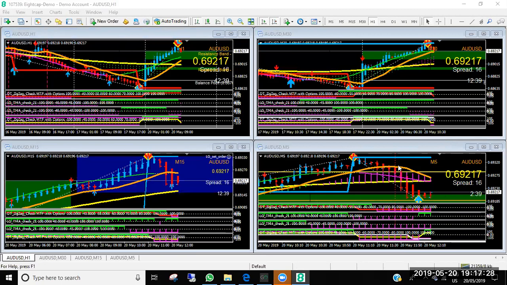But what the other chart says is that's all the M5 is going to do for that cell. It's going to grind down a little bit more, and there's going to be a bit of resistance.